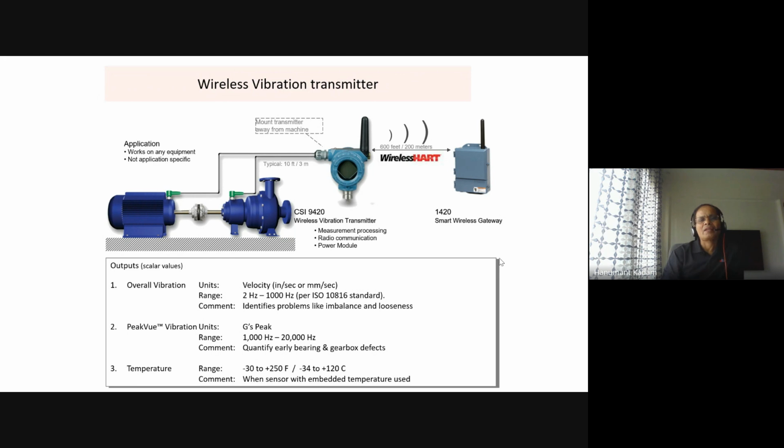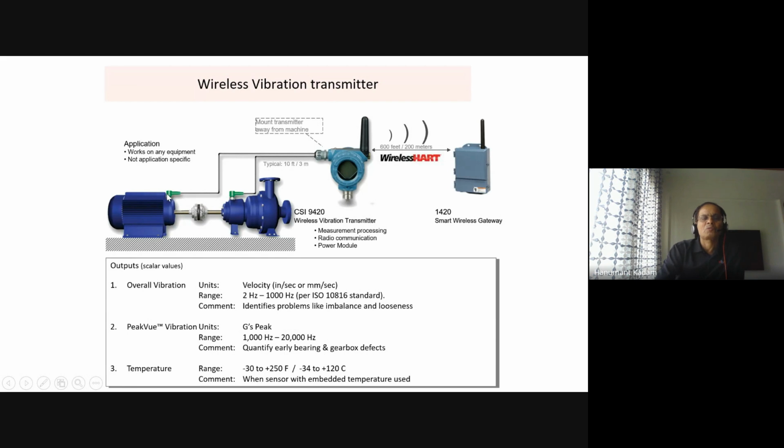So what are the wireless technology applications for vibration, that we will see now, and how it is to be implemented. So just see here, as I told you, this is the setup: motor, pump, and gearbox, these rotors, all these equipments. You can see the mechanical equipment mounted on these foundation bolts, and these are vibrating. So as you see, we always measure the vibration.